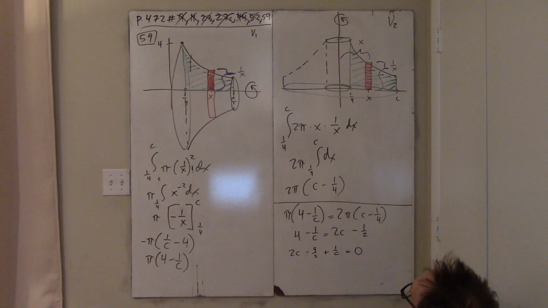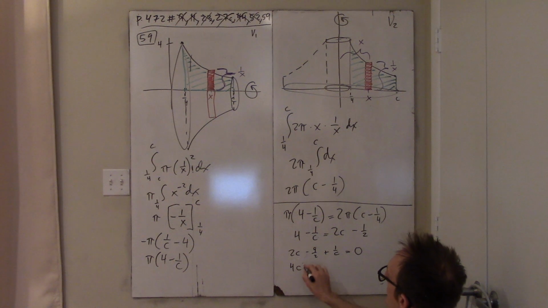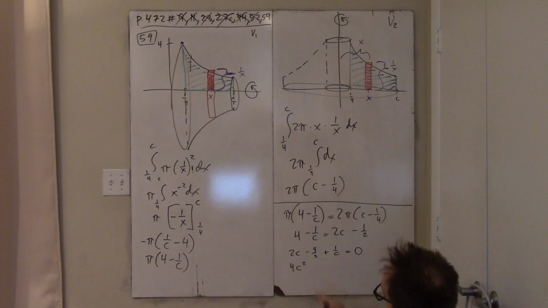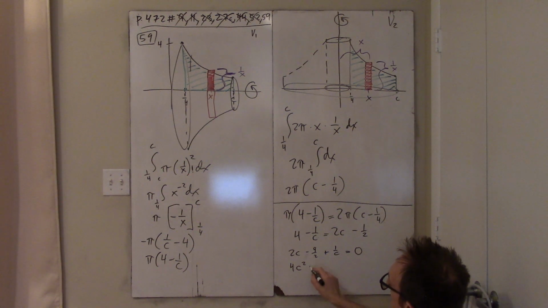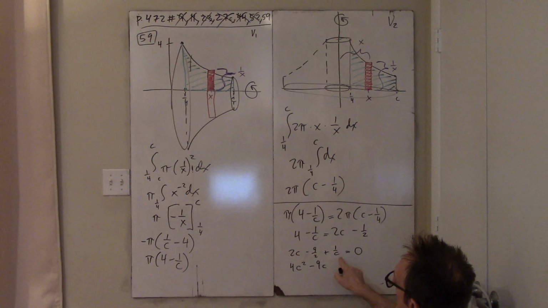Yeah, 2c minus 4.5 plus 1 over c. Let me multiply through by 2c, so that gives me 4c squared. If I multiply this by 2c, I get minus 9c, and if I multiply that by 2c, I get 2.